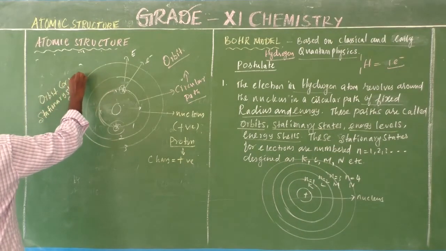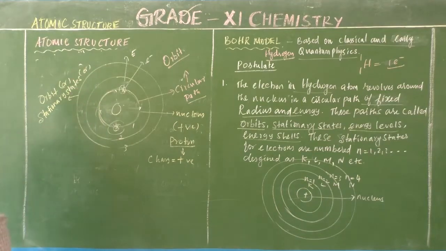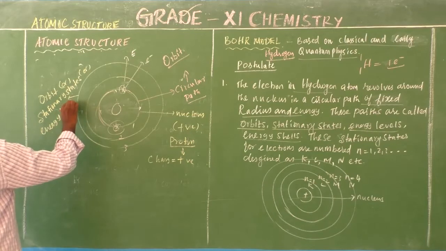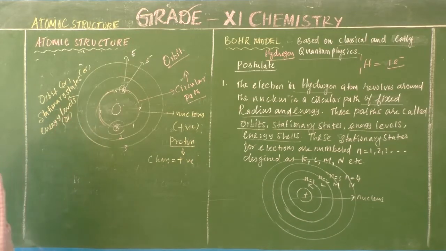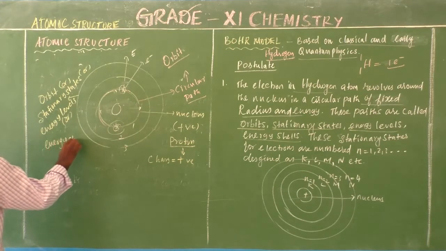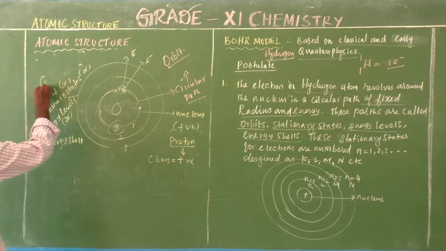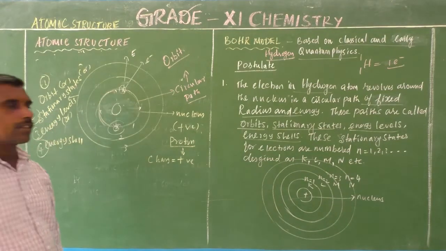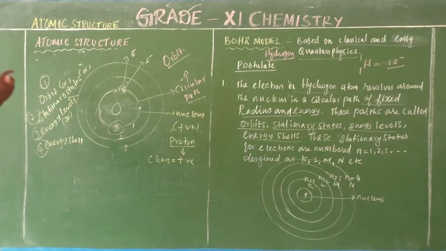So these are the four names: orbit, stationary state, energy level, and energy shell.